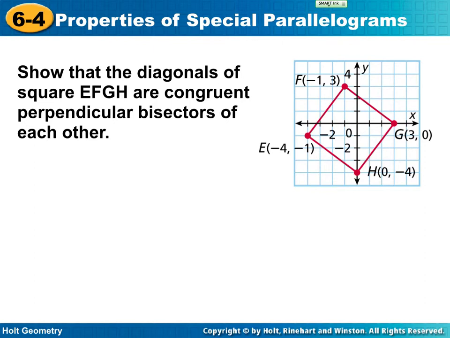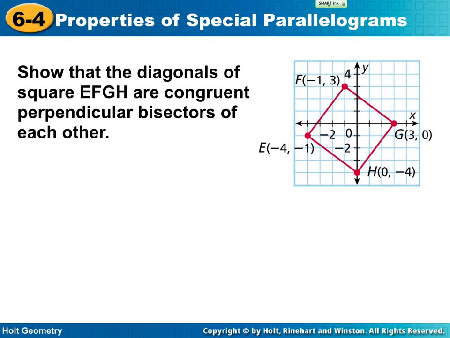So we're going to try and show that the diagonals of the square are congruent, perpendicular bisectors of each other. We do that a lot by calculating things. On graphs, what have we calculated a lot? Slope, distance. We've also had midpoint. Those three formulas we use on graphs depending on what we're trying to do.